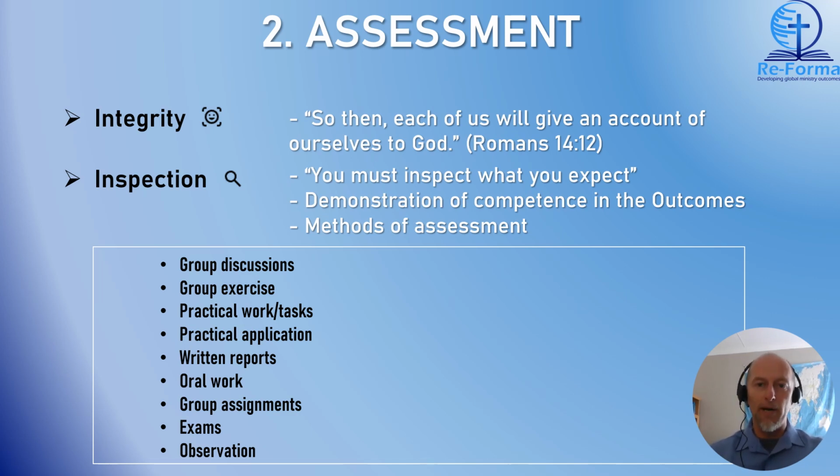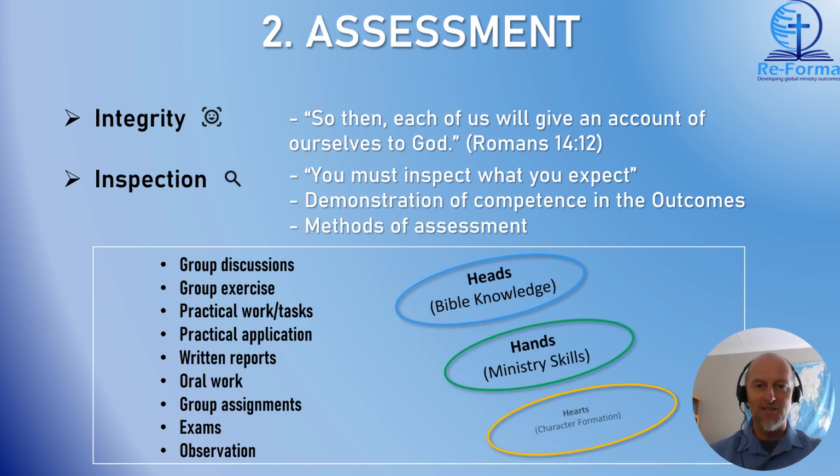Something that you need to be aware of when it comes to assessing the various outcomes is that the outcomes fall into 3 different categories. Now, we don't organize the outcomes this way, we don't present them this way, but they do fall into these 3 different categories or kinds. As you can see, there are heads, hands, and hearts kind of outcomes.